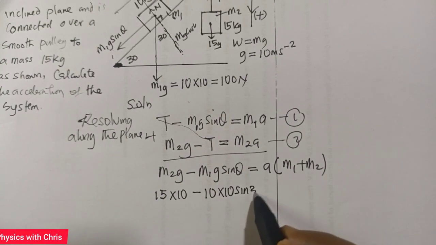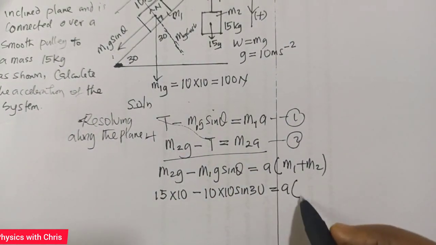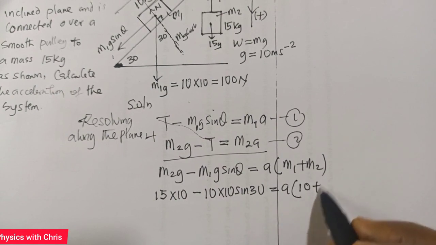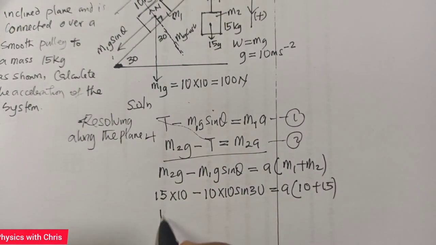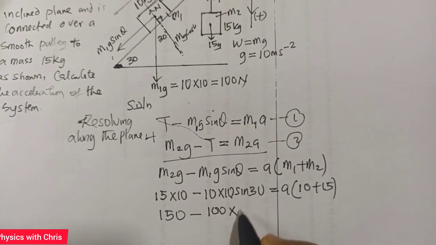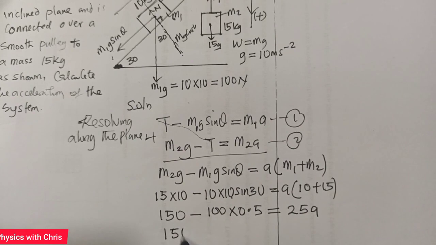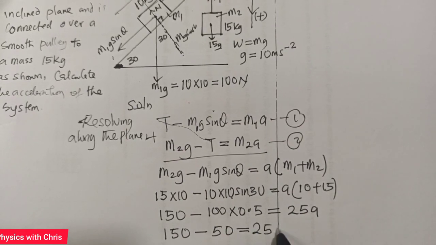My theta is 30 degrees, that's the angle of inclination. That equals a times 10 plus 15. Now this gives me 150 minus 100 times sin 30, that is 100 times 0.5, is equal to 25a. So that gives me 150 minus 50 equals 25 times a.